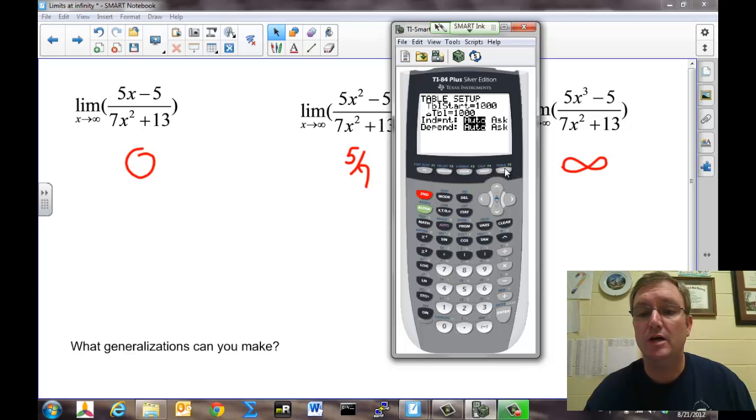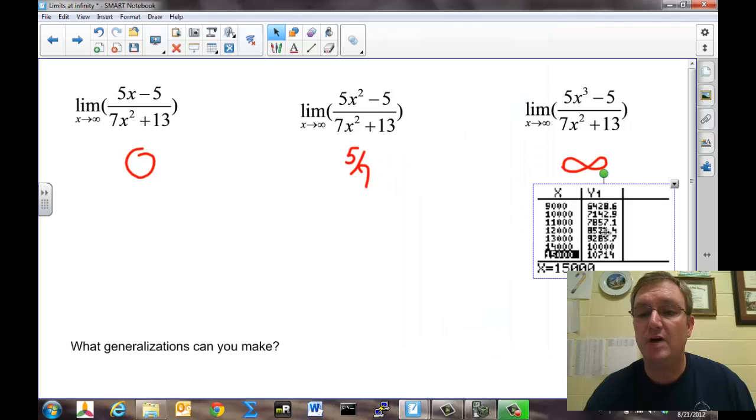So as we do that, we see that it's 714, 1428, and it's continuously getting larger and larger as we go on up. So if we go to 9,000, it doesn't seem to be getting to a place that is stopping. And you can go up as far as you might want here, and you'll see that it continuously goes higher and higher. So that's the process I would use to solve these other 2 as well, and you should come up with the results that I have here.